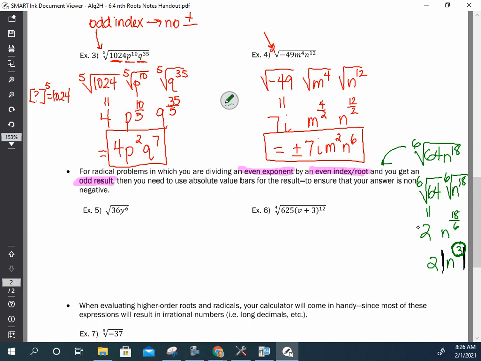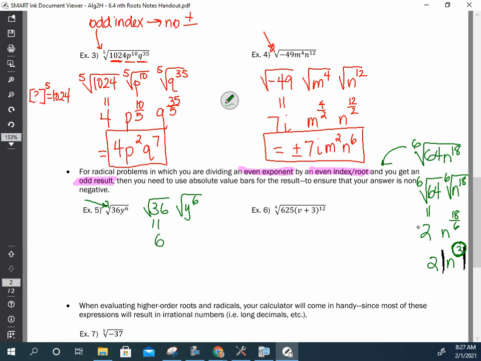So example 5, you have the square root of 36 y to the 6th power. So there is no index sitting there, so it's understood to be 2. So you have the square root of 36, and you have the square root of y to the 6th. Square root of 36, that's 6.